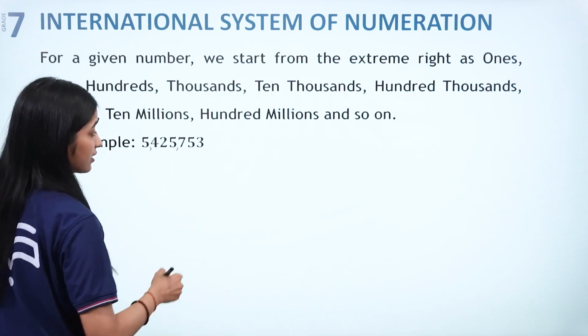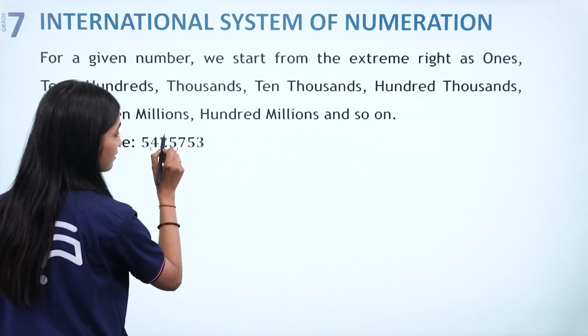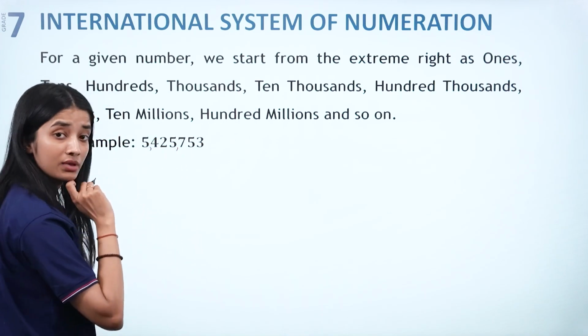Now let's try to read this. This is ones, tens, hundreds, thousands, 10,000s, 100,000s, then we have million.